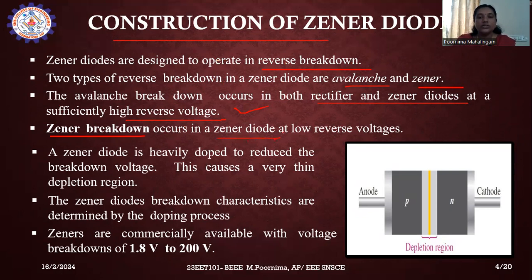The Zener diode is heavily doped to reduce the breakdown voltage, and the diode characteristics are determined by the doping process. The Zener diode is commercially available with voltages from 1.8 volts to 200 volts, chosen based on the application.